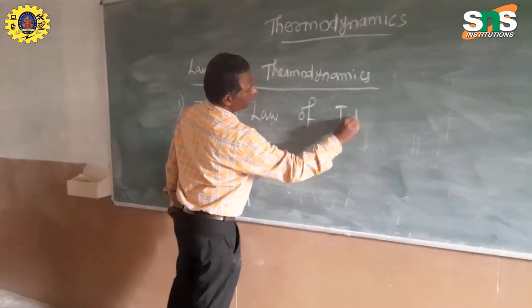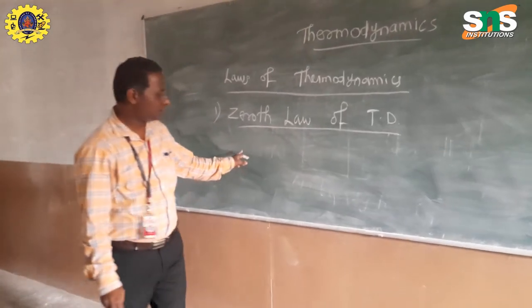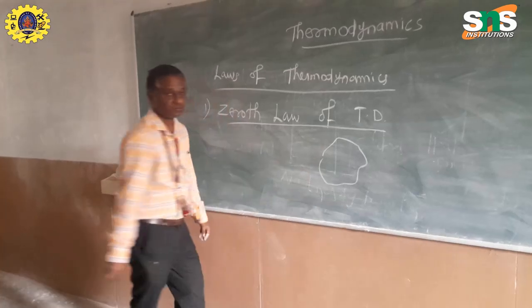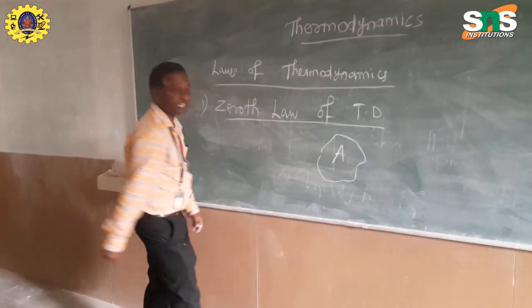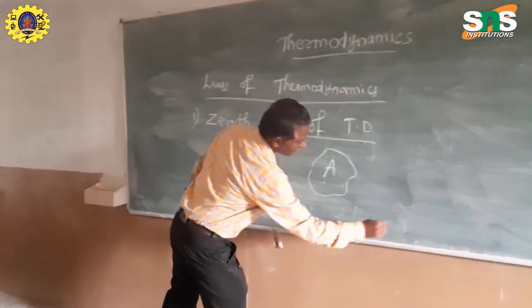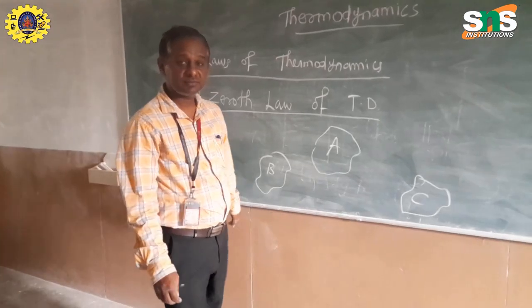Let's take a system called A, another system called B, and another system called C. So I have taken 3 systems.